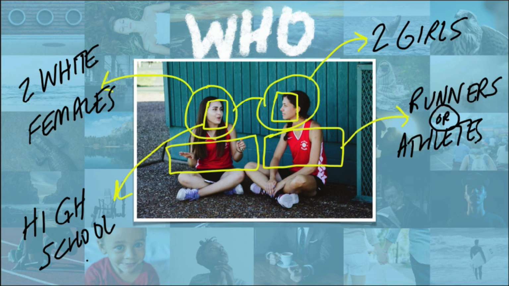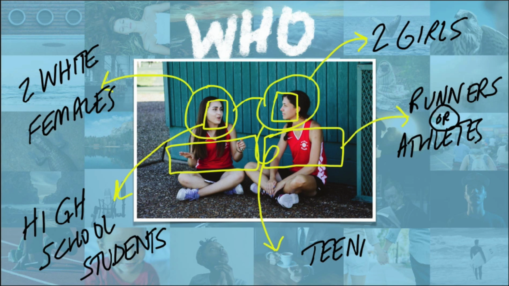So we can write this right here, high school students. Now let's get one more piece of information. So if they're high school students, they are probably teenagers. So let's write teenagers at the bottom of this picture.